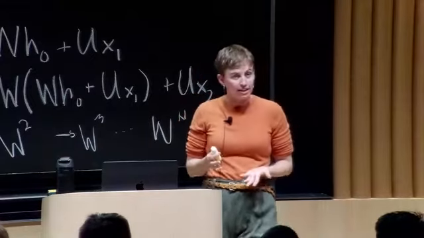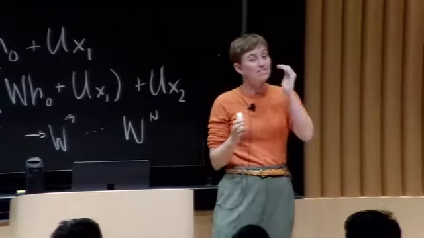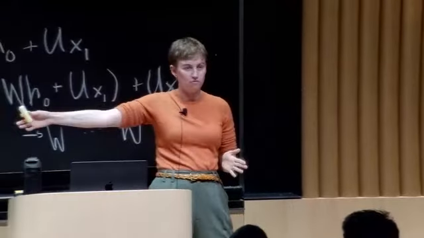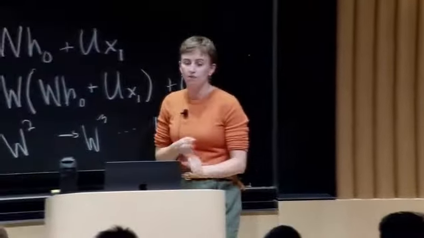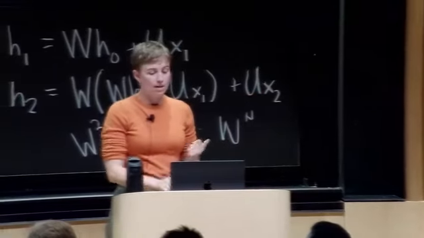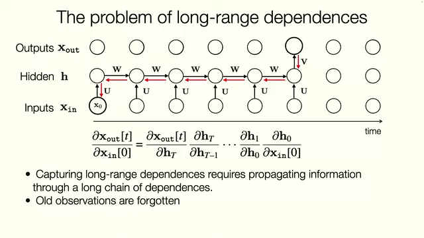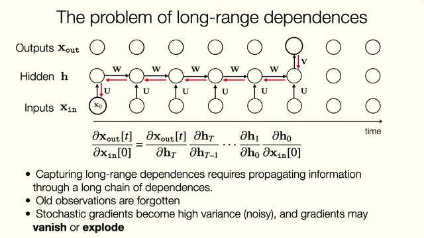And even if you're just a little bit below 1, when you go to infinity, it will go to 0, right? Because you have this exponential relationship. So what this means is often that old observations in a recurrent neural network are forgotten, right? And the stochastic gradients become really high variance, and you can have either vanishing gradients or exploding gradients.